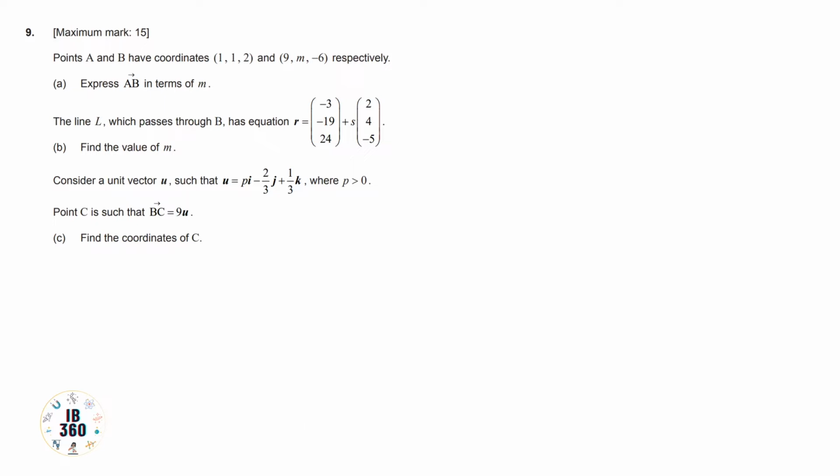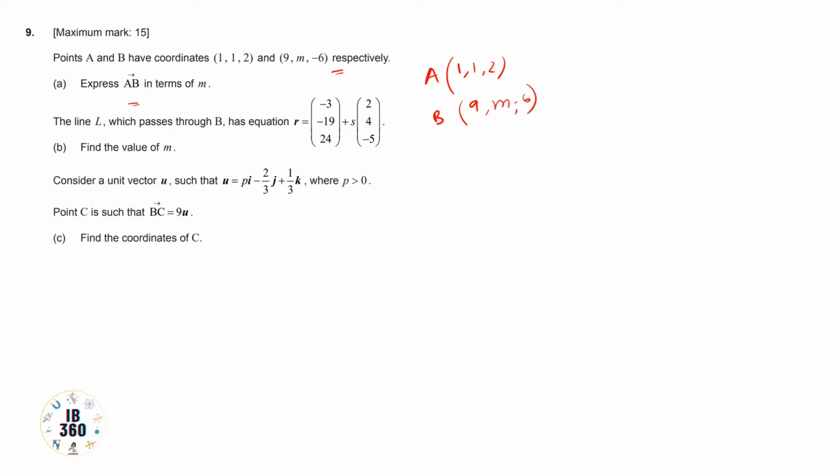The first question: points A and B have coordinates 1, 1, 2 and 9, m, -6 respectively. Express AB in terms of m. So from here you can see A is basically 1, 1, 2 and B is 9, m, -6.